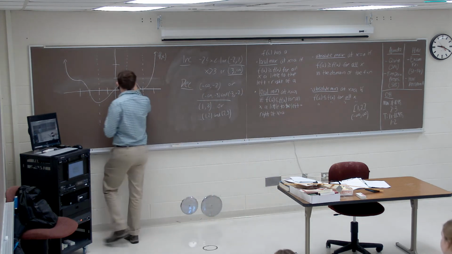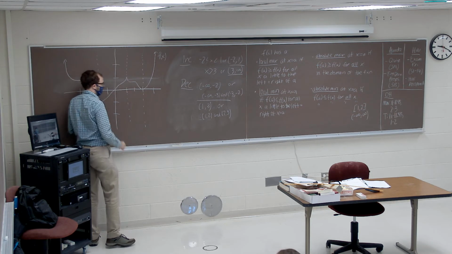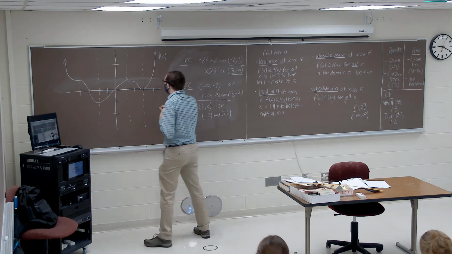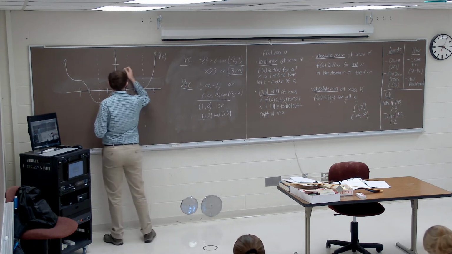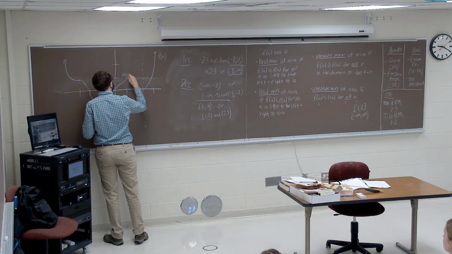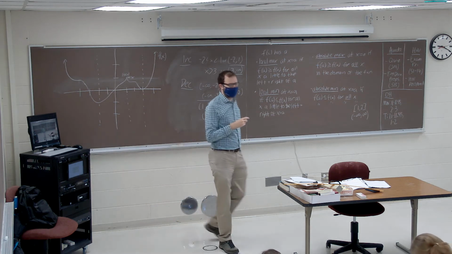Let's see. If we go a little bit to the right, looks like our y values are getting smaller. If we go a little bit to the left, it looks like our y values are also getting smaller. So yeah, I would agree that at x equals 1, it looks like we have a local max going on at that point.